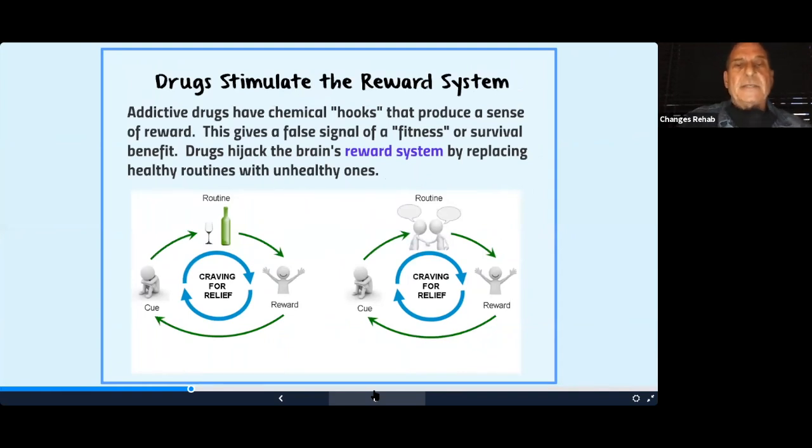Drugs stimulate the reward system. Addictive drugs have chemical hooks that produce a sense of reward. This gives a false signal of a fitness or survival benefit. Drugs hijack the brain's reward system by replacing that healthy routine with unhealthy stuff.